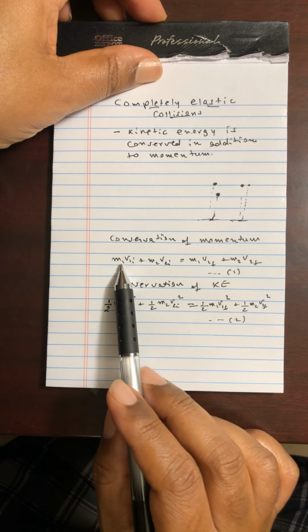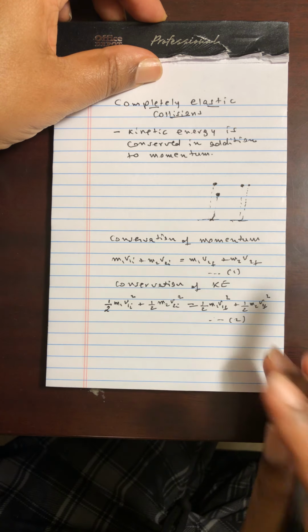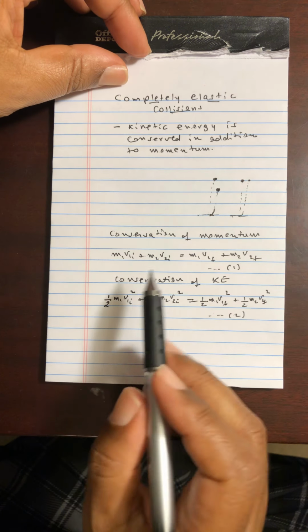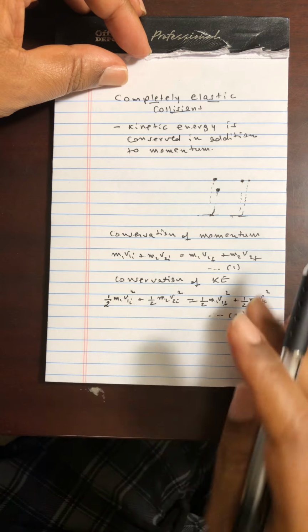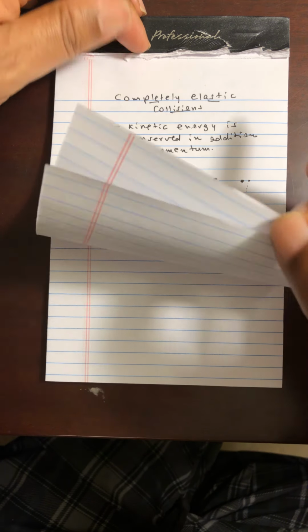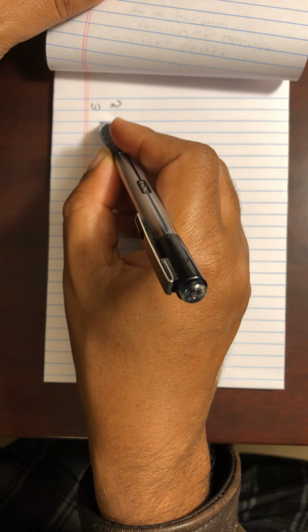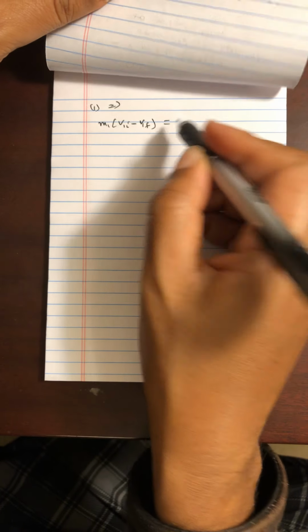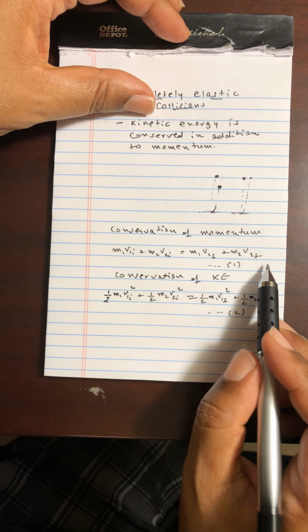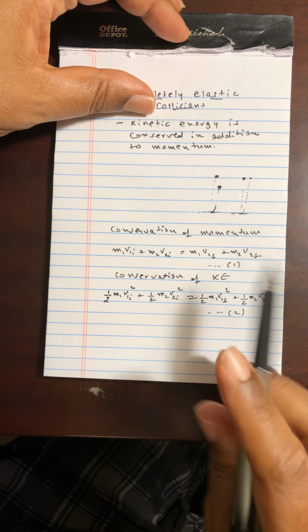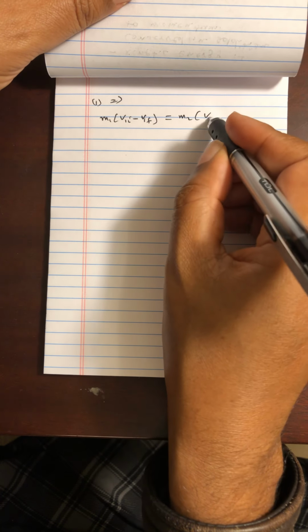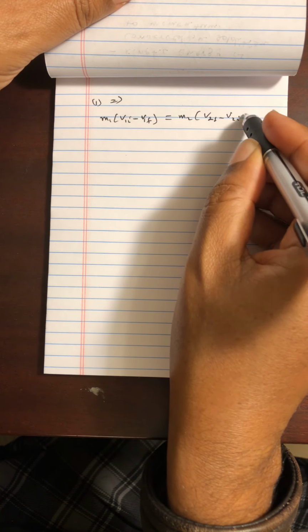So equation 1 implies m1 times (v1i minus v1f) equals m2 times (v2f minus v2i).